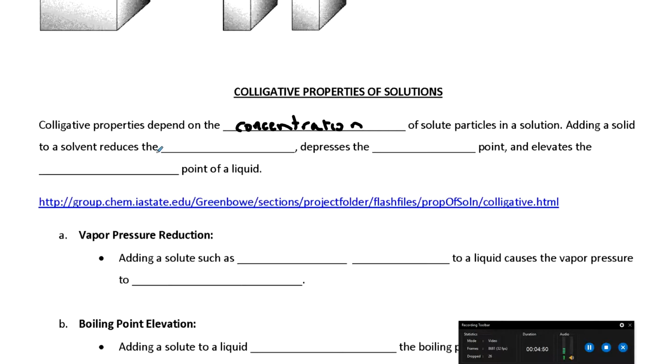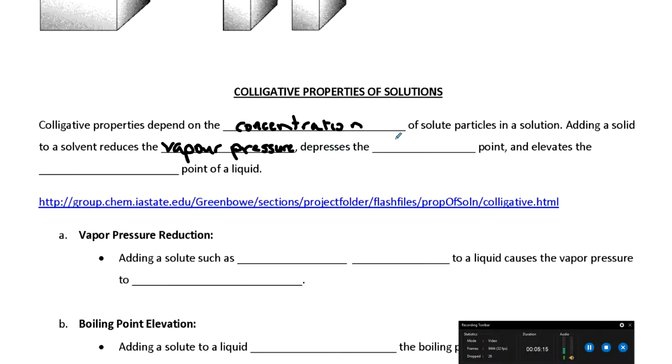So the three properties that we're going to look at are vapor pressure, depression of the freezing point, and elevation of the boiling point. Vapor pressure is reduced as you add more and more solute particles to a solution.